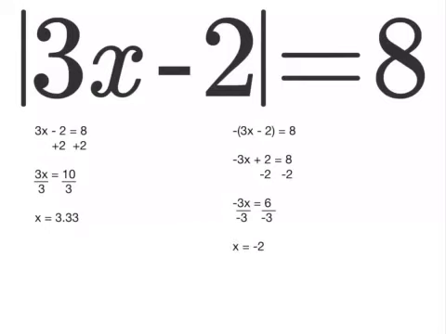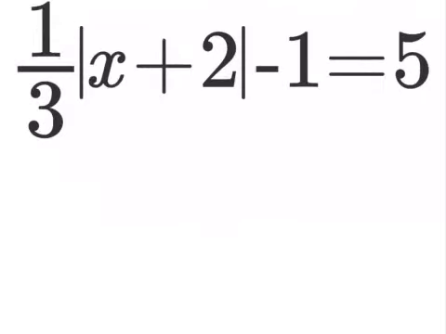Our final equation that we're going to do is 1/3 of the absolute value of x plus 2, minus 1, equals 5. Now a lot of people would naturally want to first distribute that 1/3 into the x plus 2, but I'm going to tell us to wait and hold off on that. Instead, the first step I would recommend is just adding 1 to both sides.